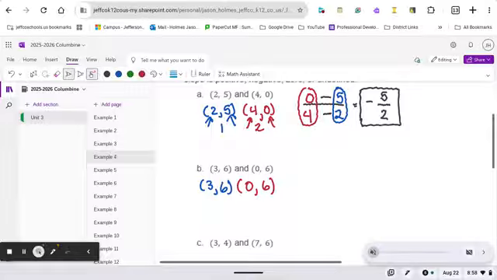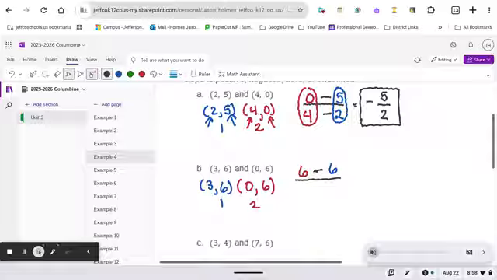So we'll have the y value for the second point, 6, minus the y value of the first point. So 6 minus 6. Oh, that's interesting. 6 minus 6 tells me something about it.